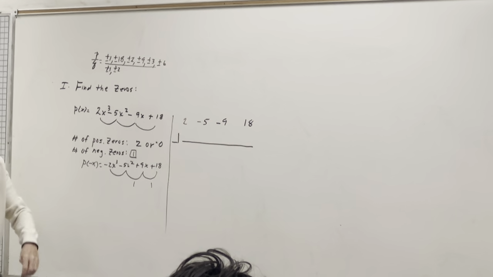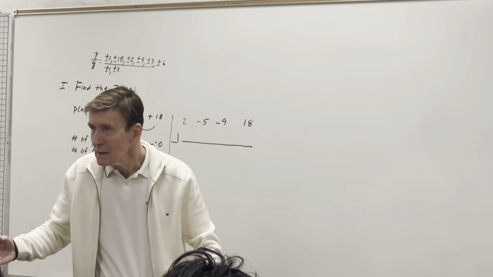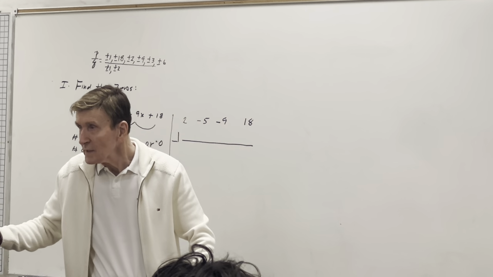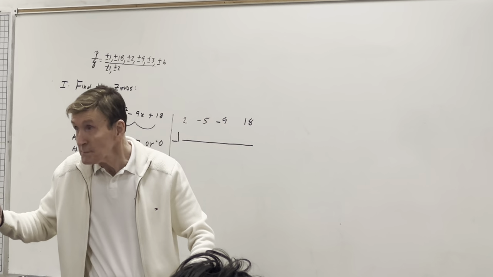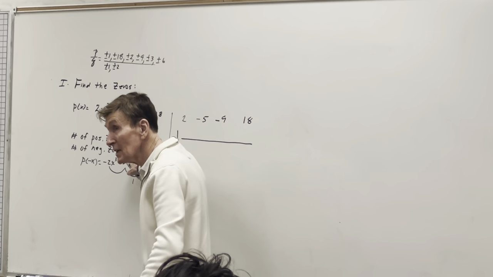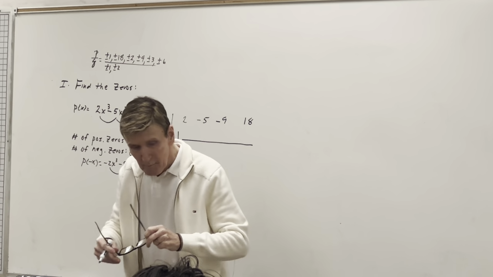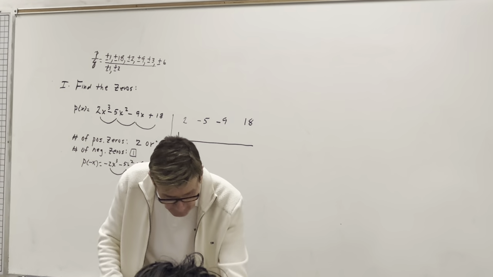I want to point out something, though. Students are asking, Professor, where do I start? What should I test first? And this is really sometimes up to you. If you want to search for the negative one first, you could go through and test the negative possibilities until you find it. But I did this for a reason.